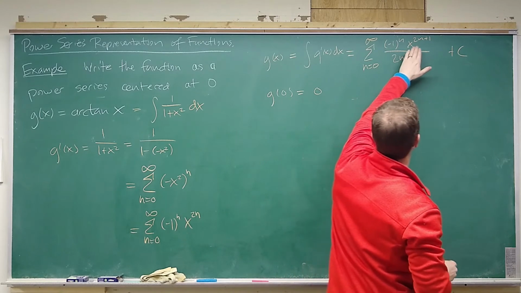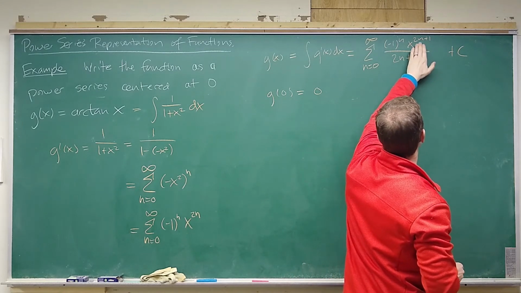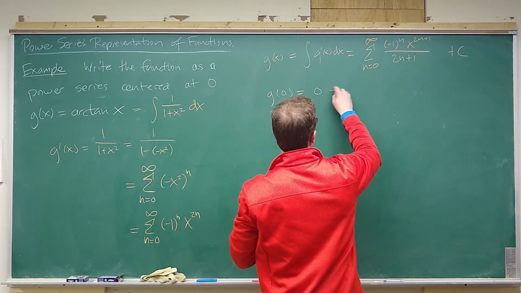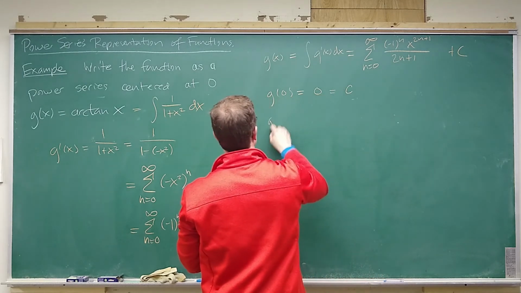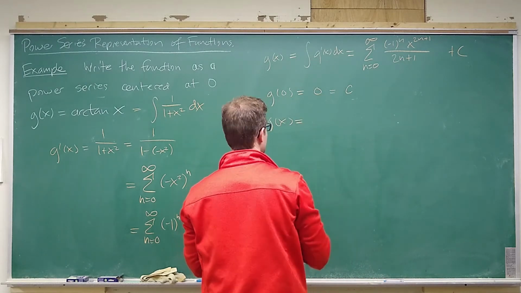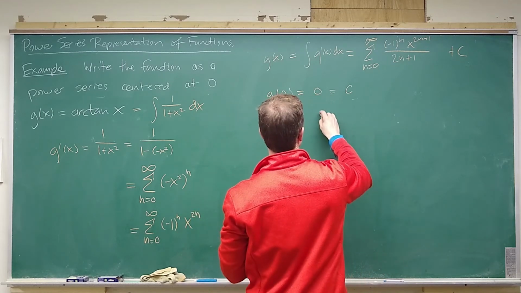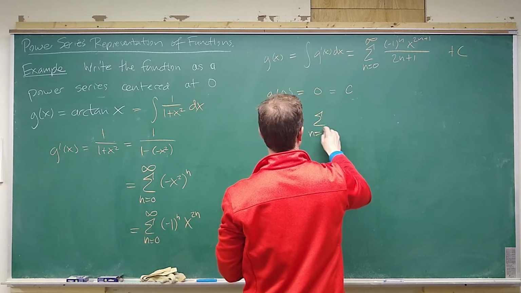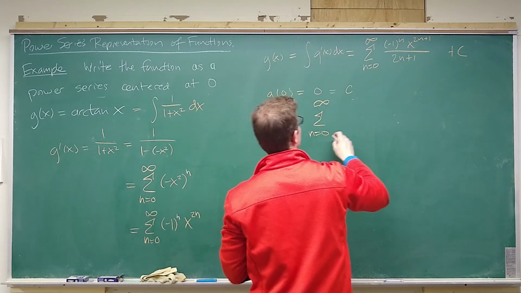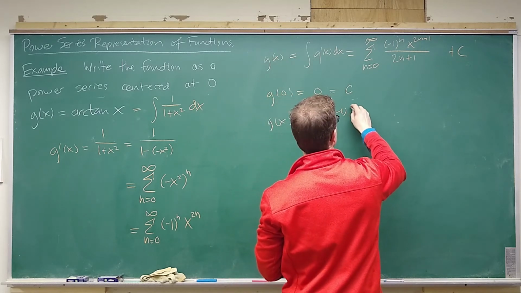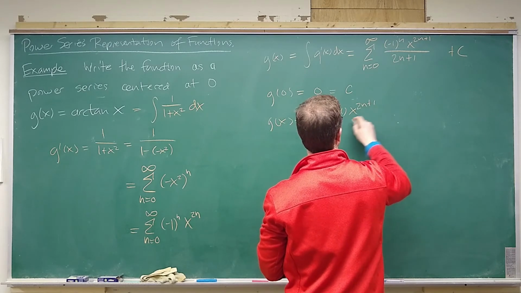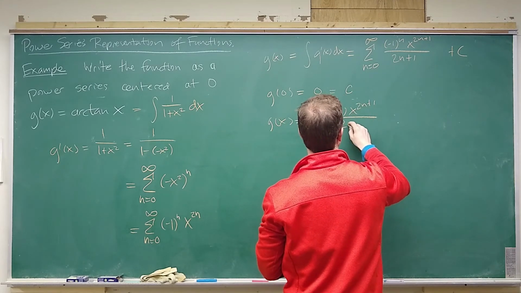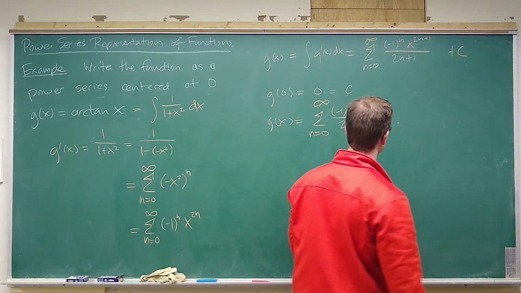But if we were to plug 0 in right here, that makes every single term 0, leaving us with just C. So g of x is equal to the sum from n equals 0 to infinity of negative 1 to the n times x to the 2n plus 1 divided by 2n plus 1.